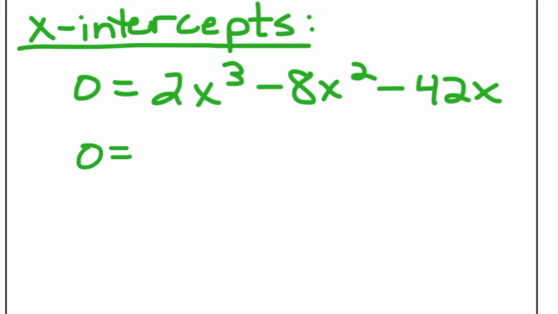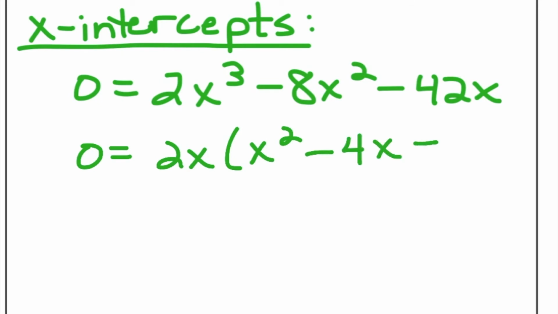So 2x is a GCF. That leaves me with x squared minus 4x minus 21. I would like to ask you to pause the video and just take 2 seconds and factor this before I do it so that you can make sure that you get what I get.